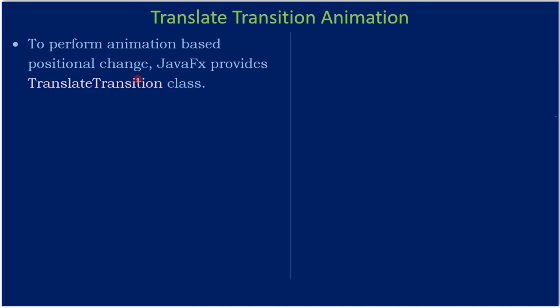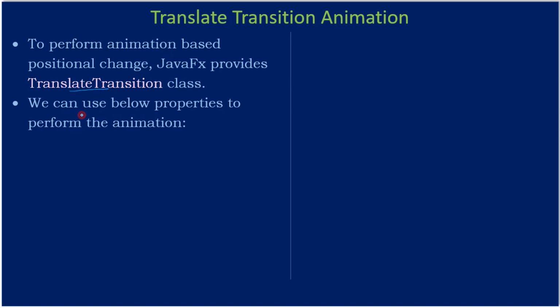So to perform animation based on positional change, JavaFx provides TranslateTransition class. We can use below properties to perform the translate transition. So one is shape, which undergo the transition. So we have to specify the shape.